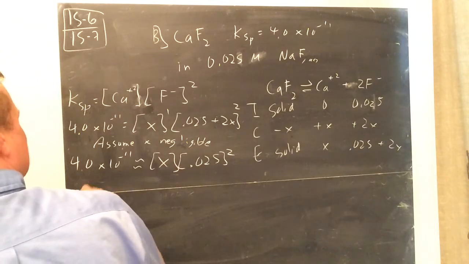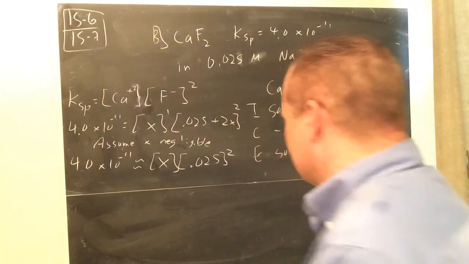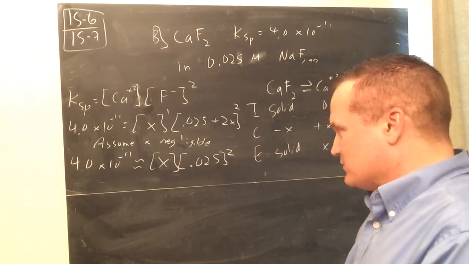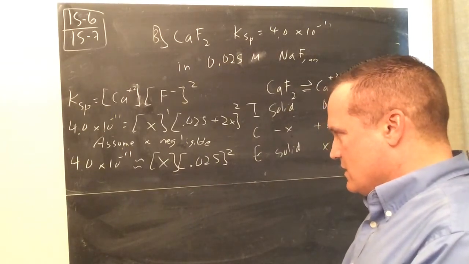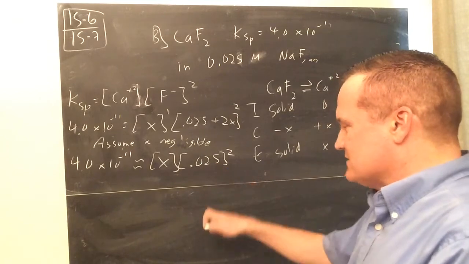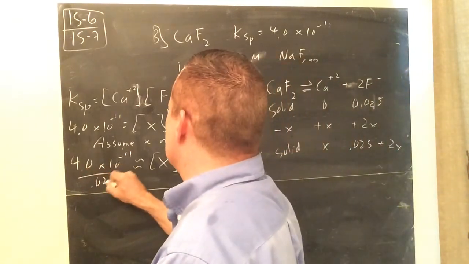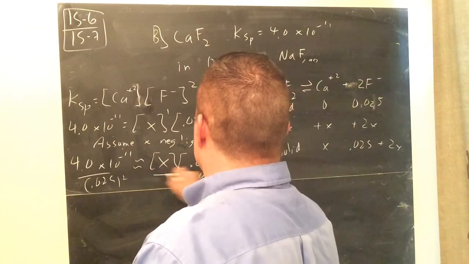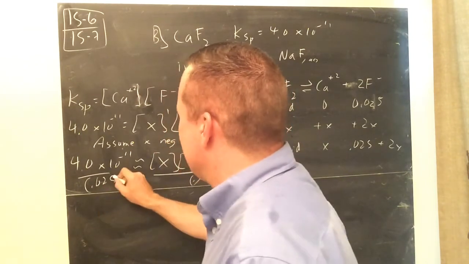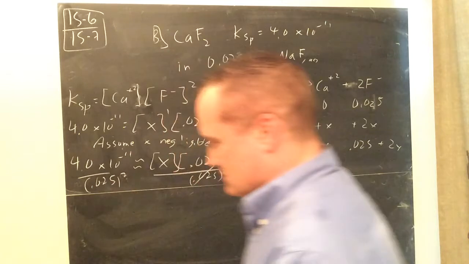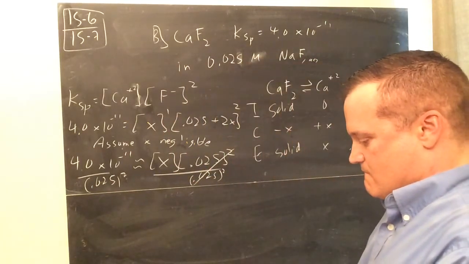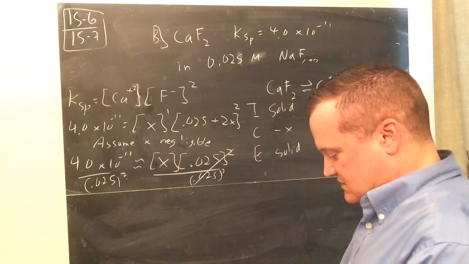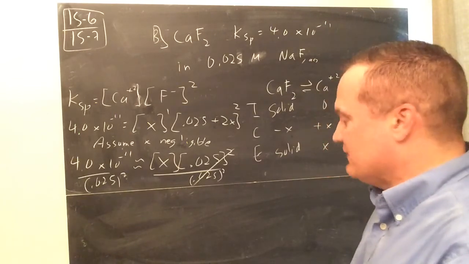So this is a really easy one, isn't it? I'll just do it on my calculator. I think you can get the math there. 0.025 squared is 6.25 times 10 to the negative 4, and 4.0 divided by that. So just divide both sides by 0.025 squared, and that will be your answer. Looks like it's going to be 6.4 times 10 to the negative 8.